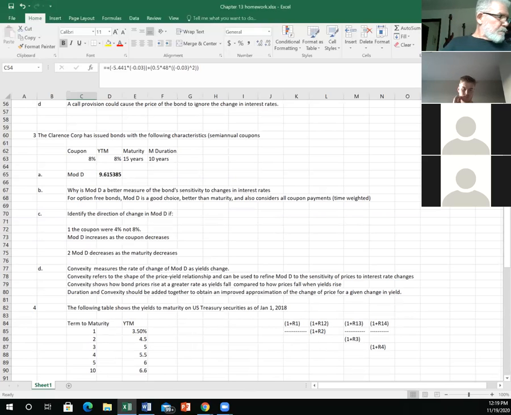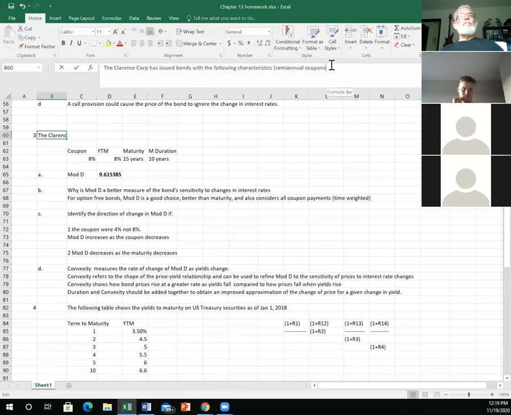Number 3, we have a bond with these characteristics: semi-annual coupons, coupons 8%, yield to maturity is 8%, so that tells us it's selling for the same as its par value. It's selling for $1,000.